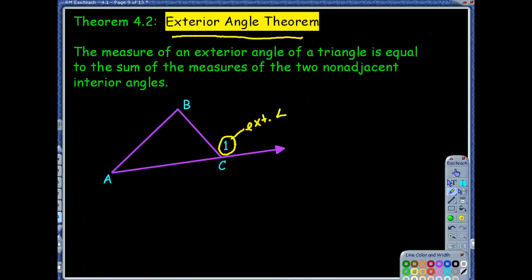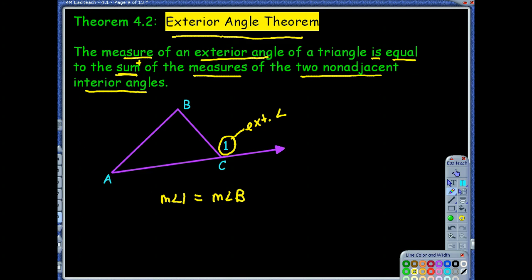So what does this theorem say? It says the measure of the exterior angle in a triangle is equal to the sum, meaning I'm adding, of the measures of the two non-adjacent interior angles. So let's write down what they're saying. The measure of the exterior angle, which is angle 1, is equal to the sum of the measure of angle B and the measure of angle A. Why did you choose those two angles?